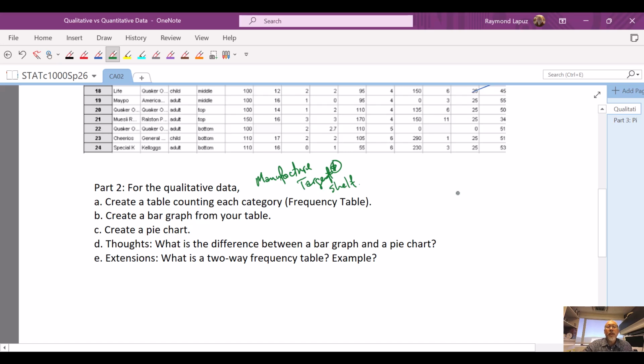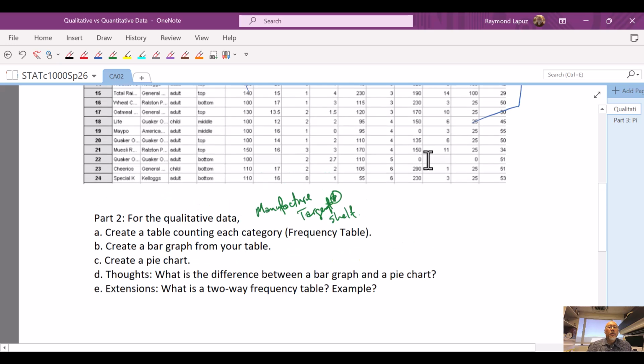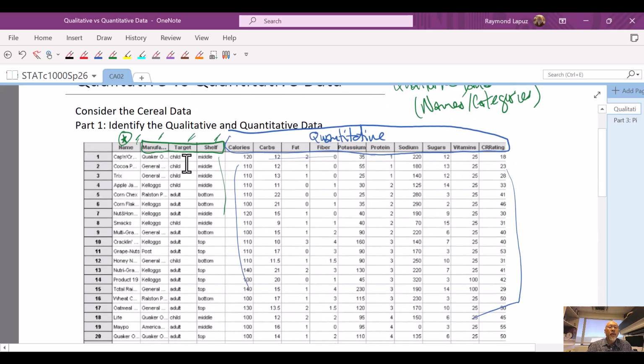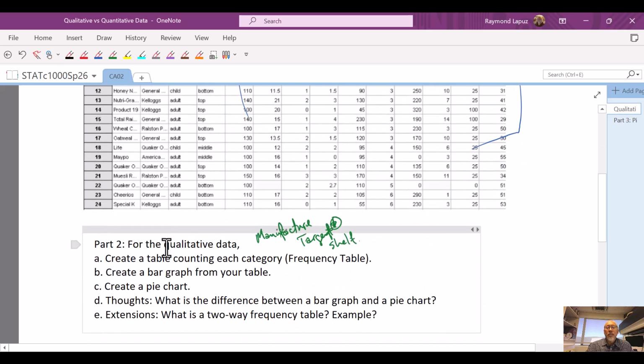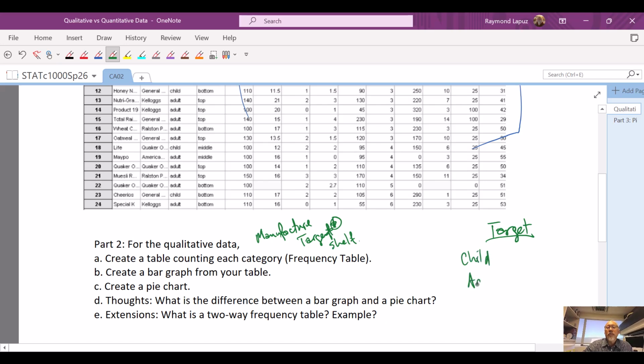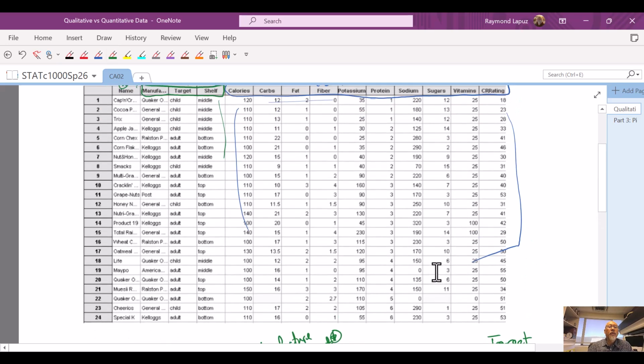So in terms of making a table, we can look at the target here, and we see that there's only 2 choices, either child or adult. So let's look at the target. And then the 2 choices, there's only 2, are child and adult. And for each of these, we can count how many of them there are.